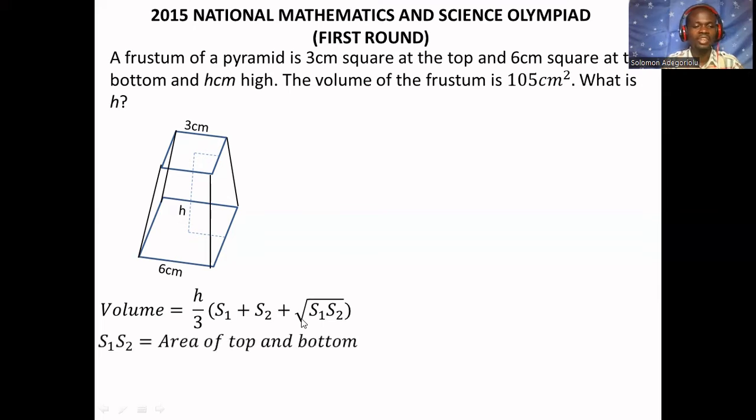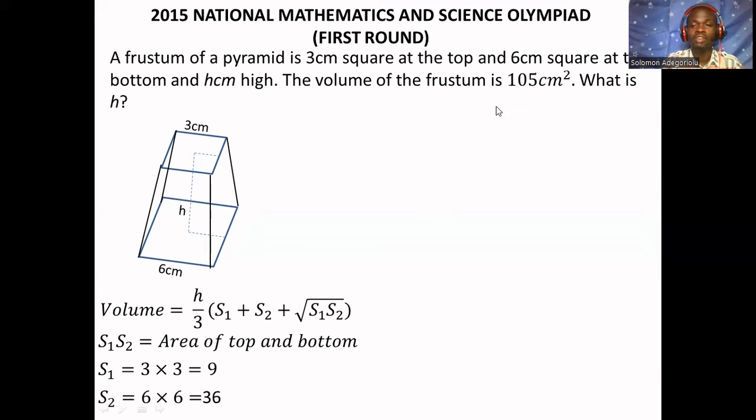From here, if we take the area of the top, this is a square, and to get the area of a square, that simply means what? 3 times 3, and that's going to give us 9. And going by the shape at the bottom, which is also a square, that becomes 6 times 6, and that is 36. So we have our S1, we have our S2.